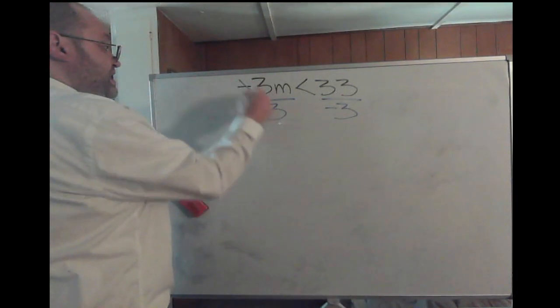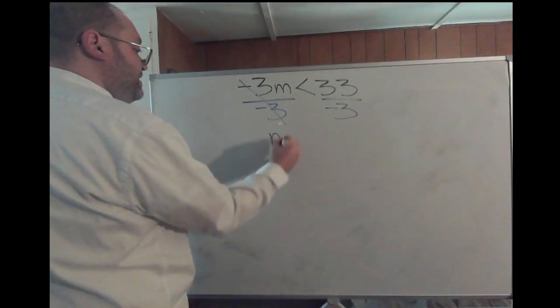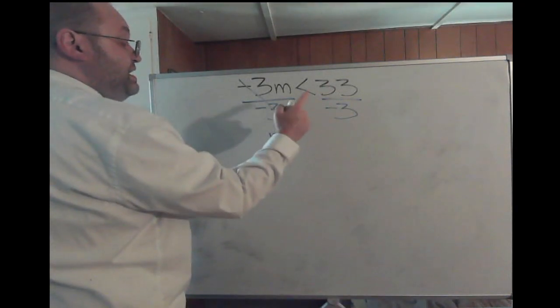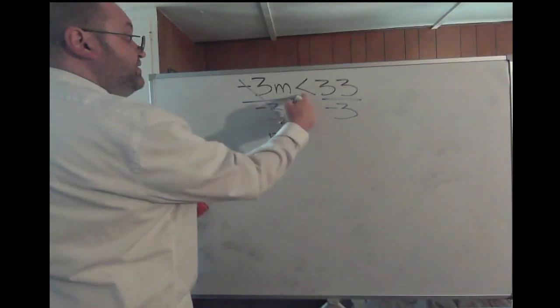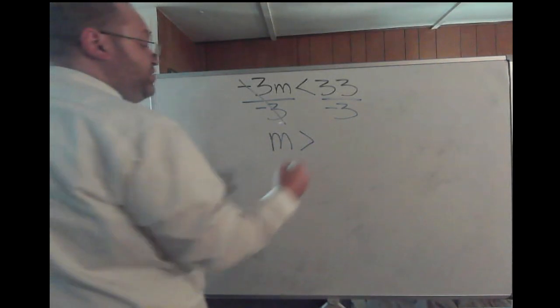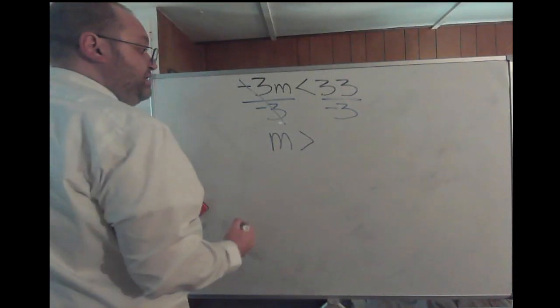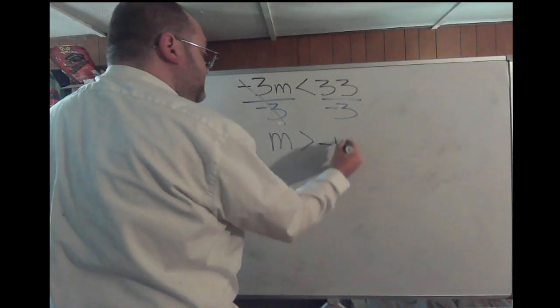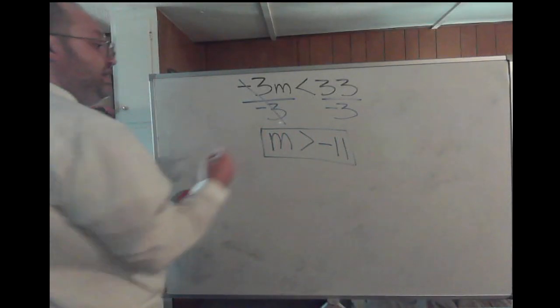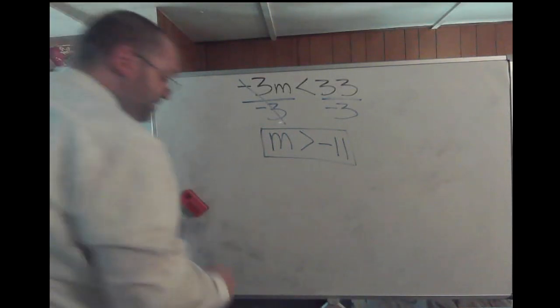Left side, your negative 3s cancel out. You're just left with m. But since you divided both sides by a negative number, it's going to flip that less than sign into a greater than sign. M would be greater than, what's 33 divided by negative 3? That'd be negative 11. So m is greater than negative 11. That's the answer you would get.